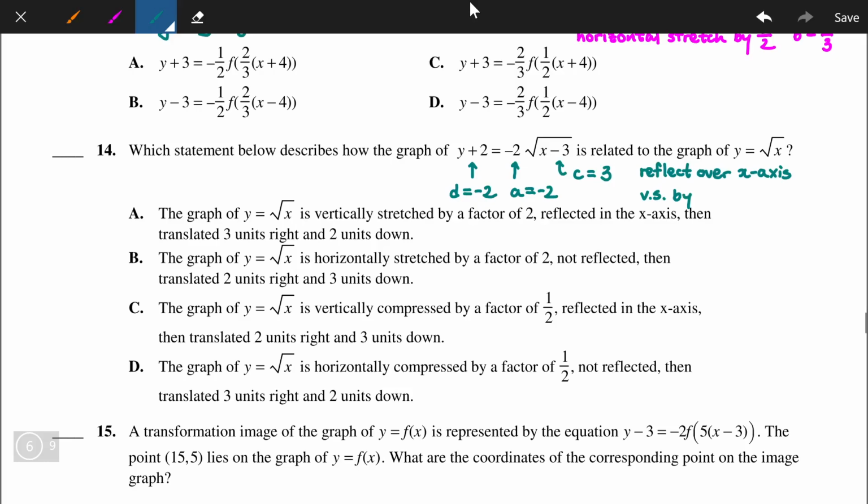I'm going to write the short form for that. Next up is the c value. The c value simply says that the graph was moved right 3 spaces. And the d value tells us that the graph was moved down 2 spaces. And looking over the statements A, B, C, and D, the only one that contains the correct transformation is A.